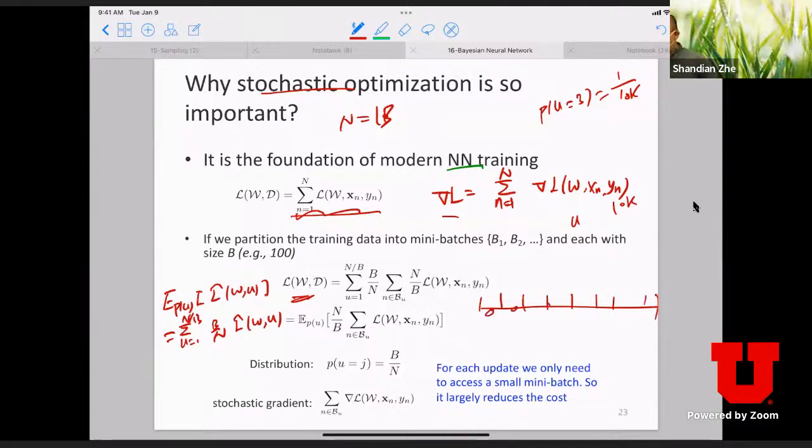And the whole loss can be viewed as, okay, I'm going to first randomly pick a mini batch, then calculate the loss inside this mini batch. Of course, I need to reskew that. And then I do the expectation. That will be exactly the same as the loss over the entire training set.